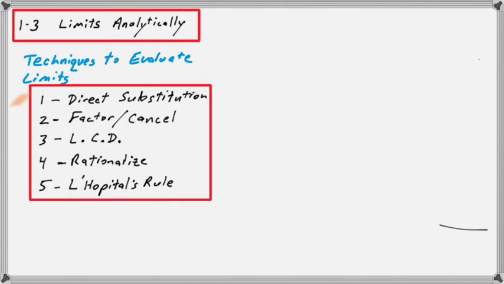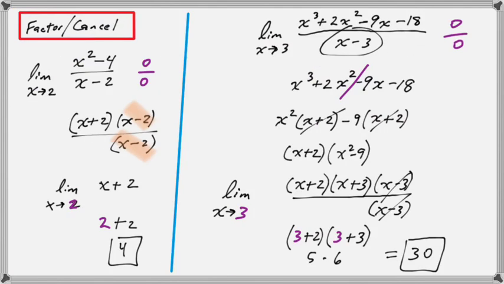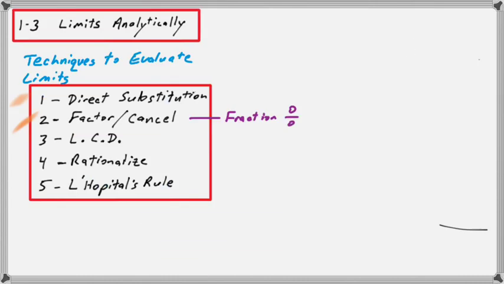Okay, as I said, always try direct substitution first. If you see a fraction that might give you 0 over 0, try factor and cancel. That's what we did over here. See how it's a fraction? It gave me 0 over 0.